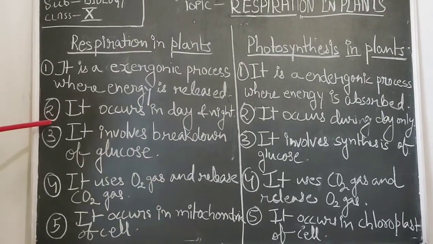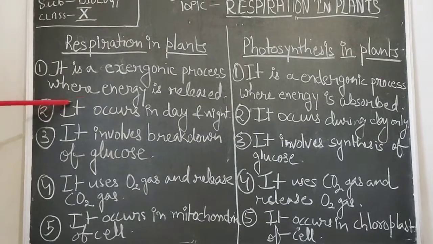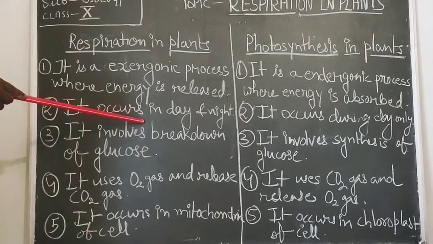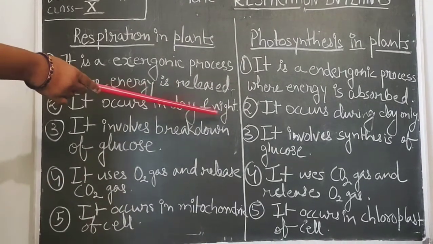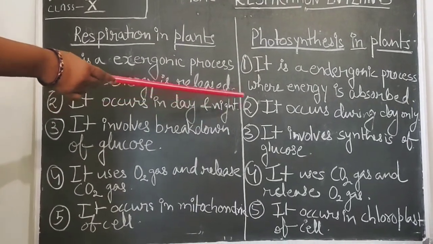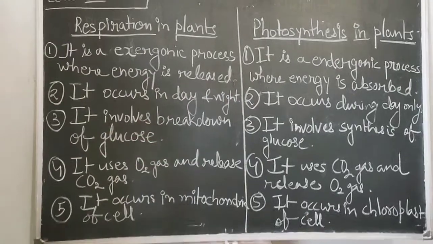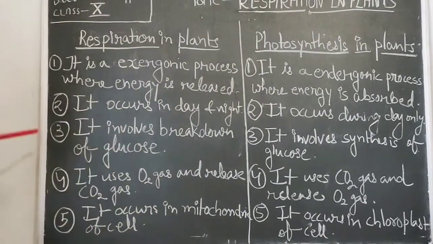The second point of difference is that respiration occurs during daytime as well as night time, and photosynthesis occurs only in the daytime as it requires the presence of sunlight.